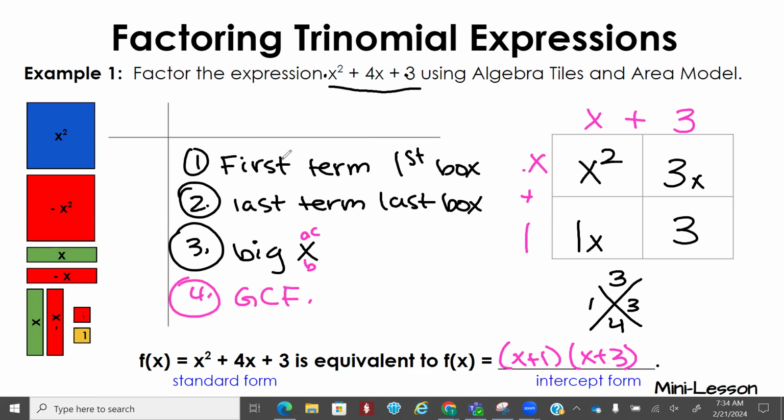What we did was put the first term in the first box, the last term in the last box, and then we did our big X or our diamond problem, which we'll practice, because this is probably the hardest part. Then we took the GCF, which basically means to find the outsides. The GCF stands for greatest common factor.